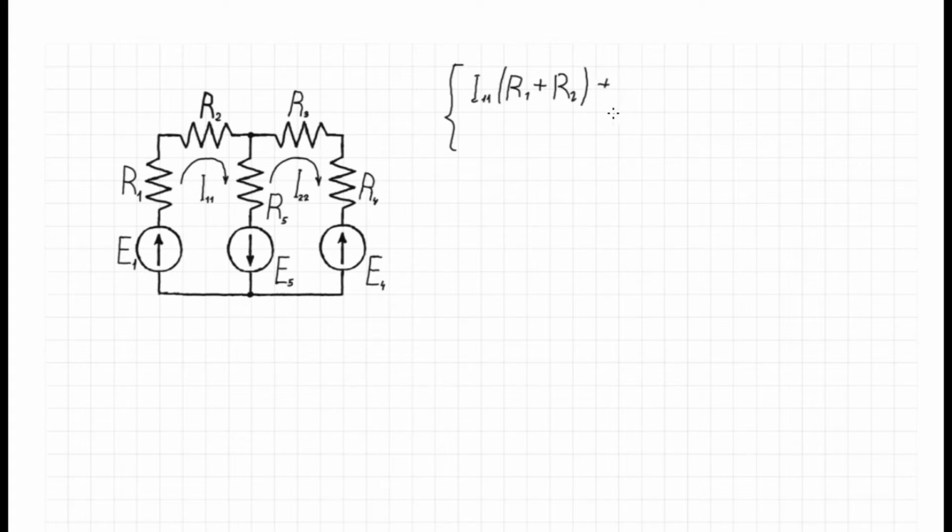Plus the current in the branch between both nodes, which we consider as the difference between currents I11 minus I22, and here we have resistance R5, and our equation is almost ready.